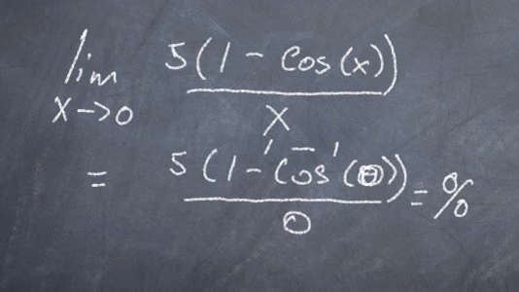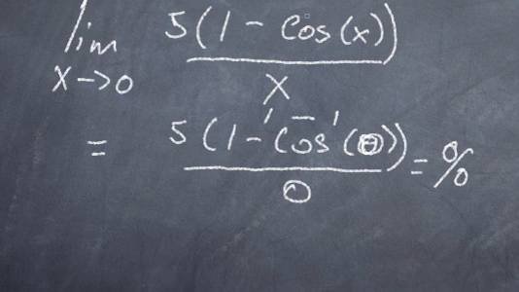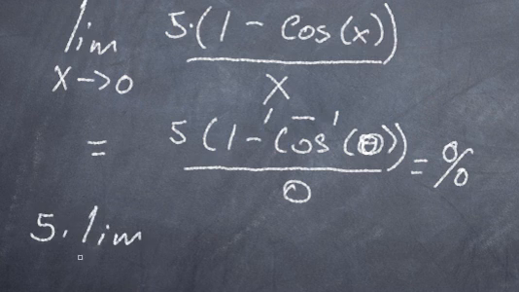So that means that we're going to need to try to rewrite this, and we're going to do just that. What I'm going to do here is going to look like a trick of some kind, but it's multiplying the numerator by its conjugate. I'm going to take this 5 and just bring it outside and get it out of the way.